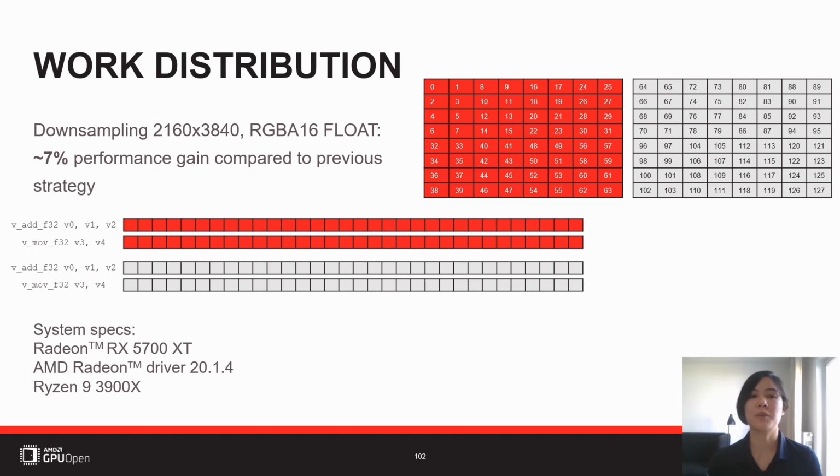And if you compare the performance again, this example here is a 4K texture, so 2160 times 3840. The format is RGBA 16 float. If you downsample completely, this should be 11 MIP levels. And by just changing the way you choose which threads should stay active and which ones can become inactive, there was an observed speedup of about 7%.